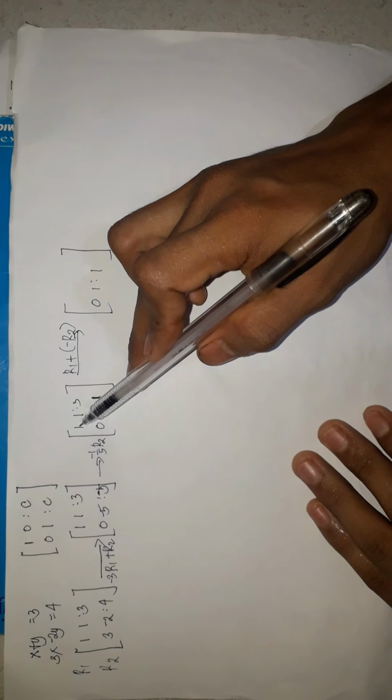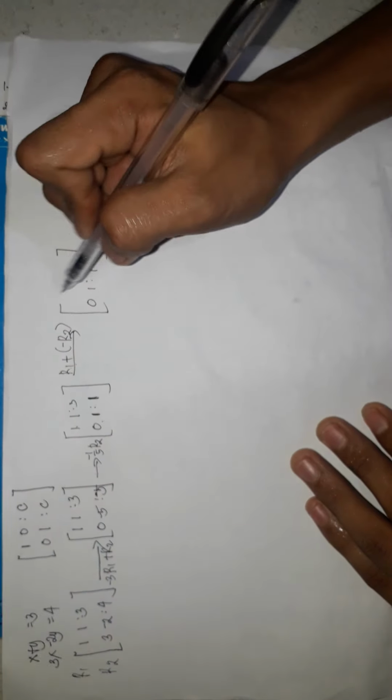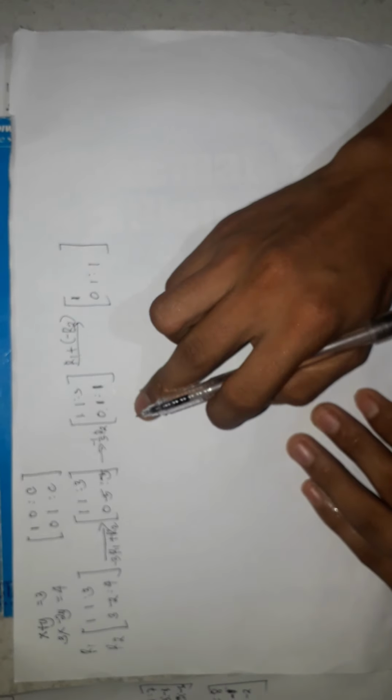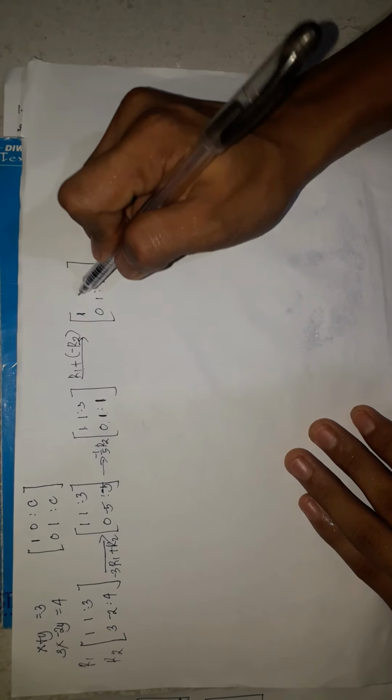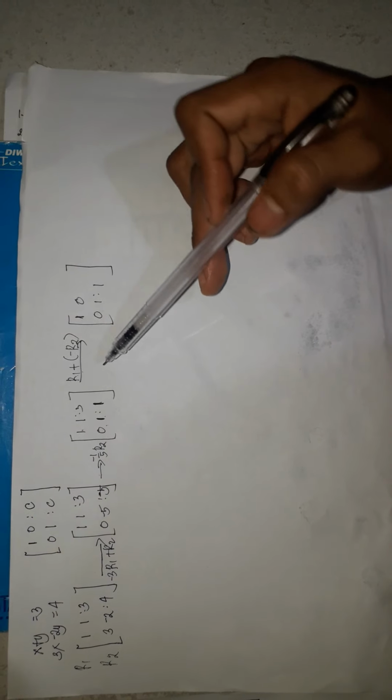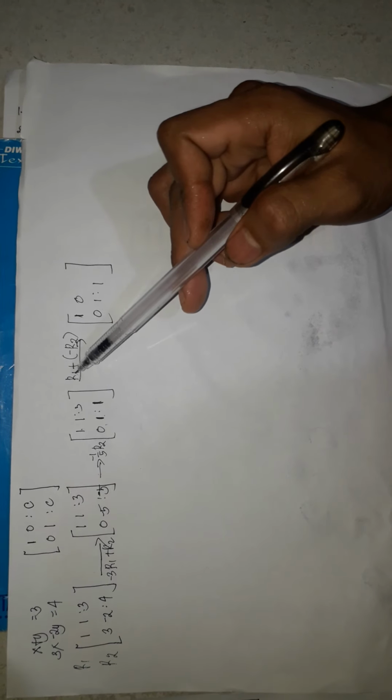We copy the second row: 0, 1, 1. Then R1 minus R2: R1 stays the same because it is 1. 1 minus 0 is equal to 1. Then 1 minus 1 is equal to 0. And for the last coefficient, 3 minus 1 is equal to 2.